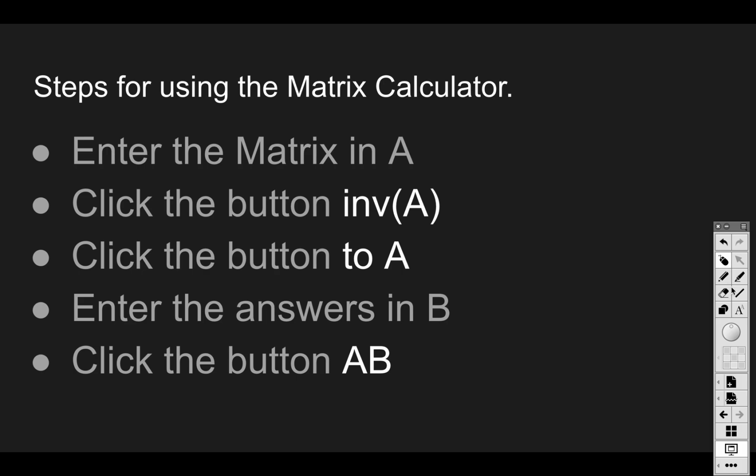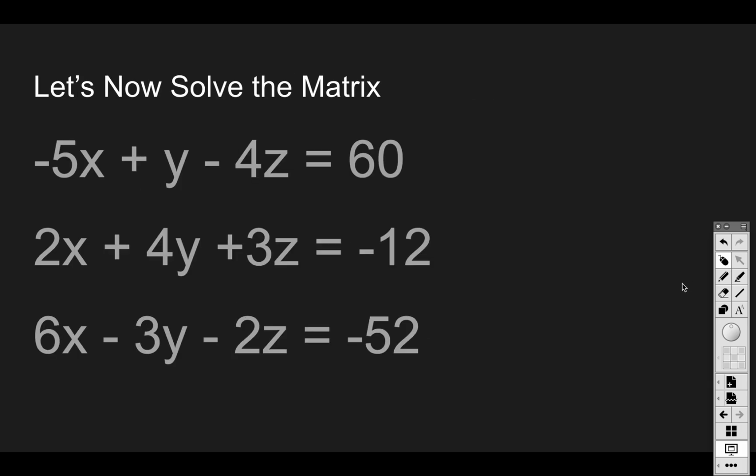So let's try solving the first one. So remember, our A on this is -5, 1, -4, 2, 4, 3, and 6, -3, -2. Our B is 60, -12, -52.